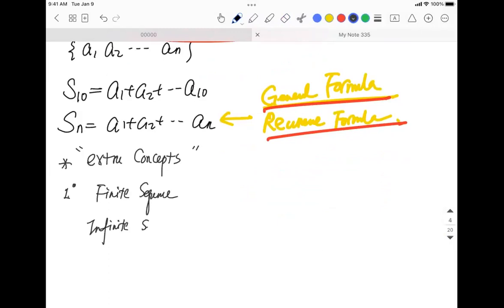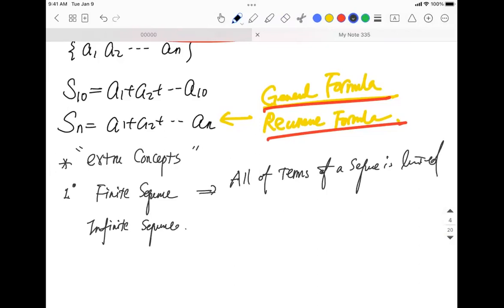Infinite sequence. What is that? Finite sequence and infinite sequence are basically about the terms. If all the terms of a sequence are limited, say the sequence has 1 billion terms, or 1 trillion terms, it doesn't matter. 1 trillion is big, but it is still a finite number.